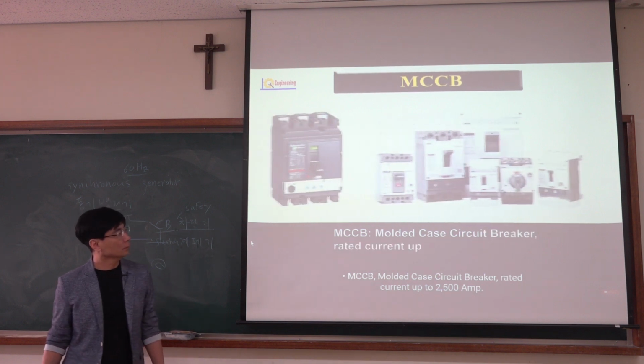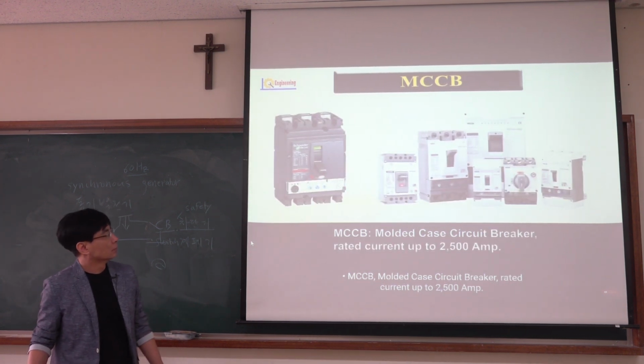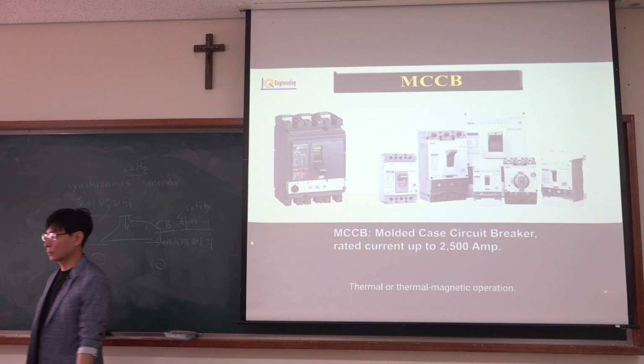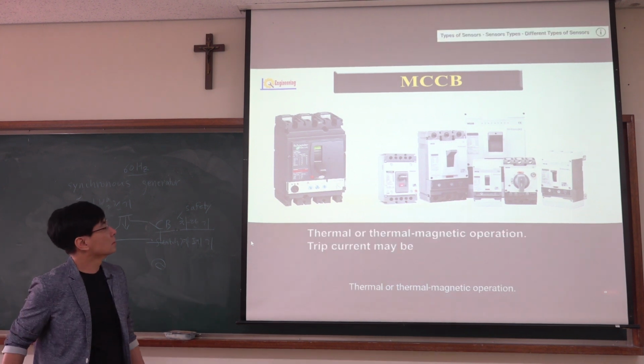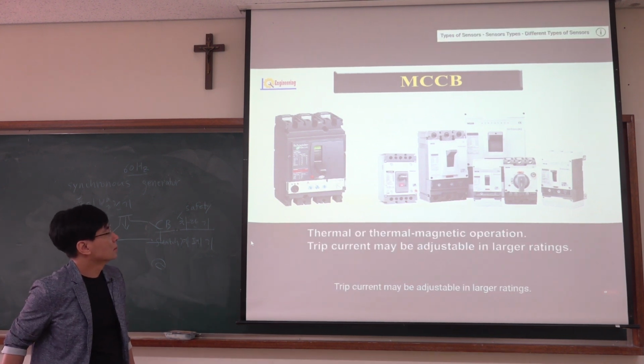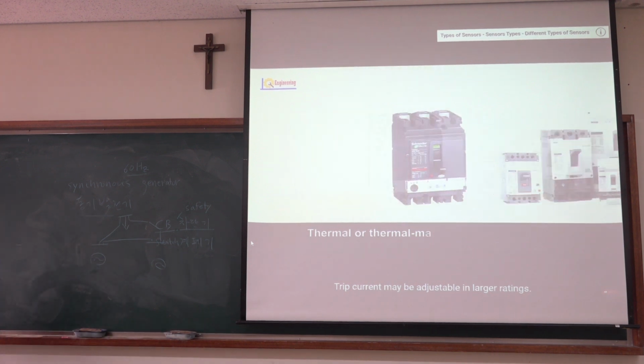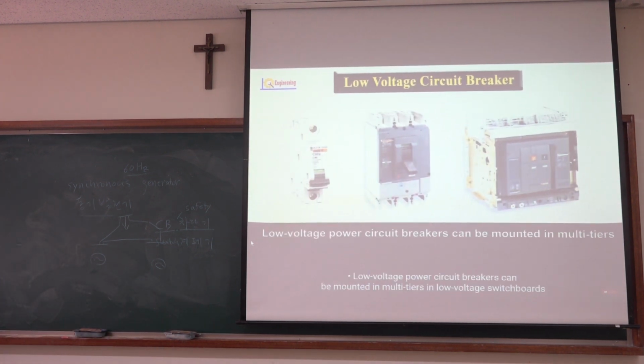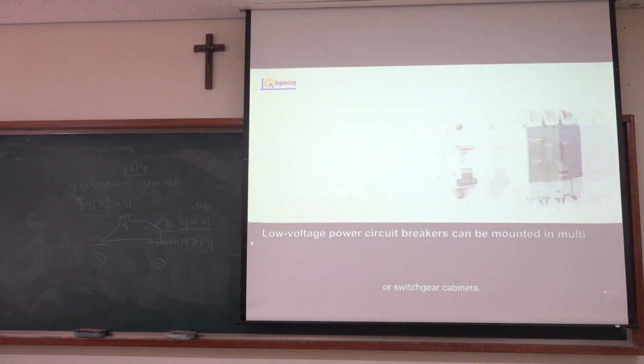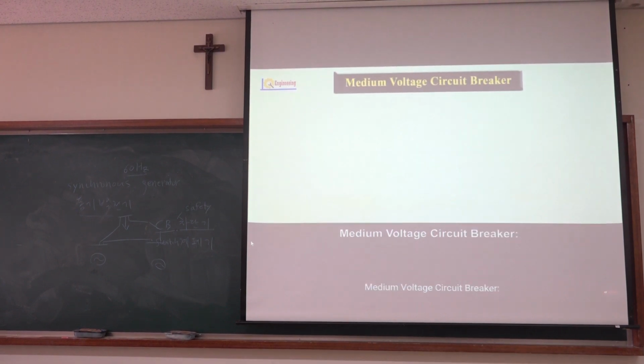MCCB, molded case circuit breaker, rated current up to 2500 ampere, thermal or thermal magnetic operation, trip current may be adjustable in larger ratings. Low voltage power circuit breakers can be mounted in multi-tiers in low voltage switchboards or switchgear cabinets. Medium voltage circuit breaker.